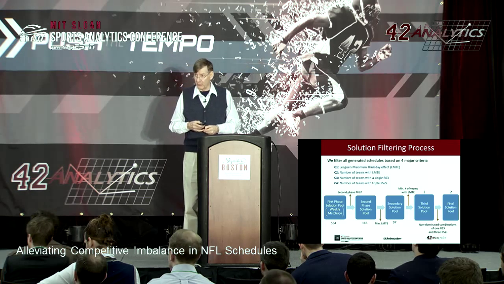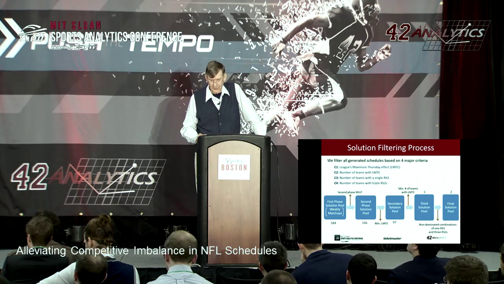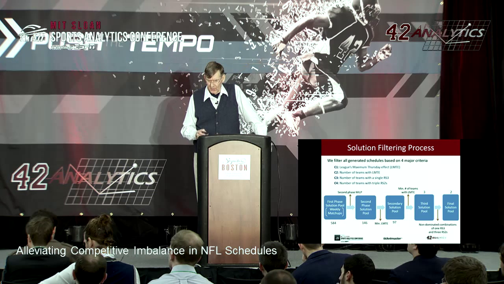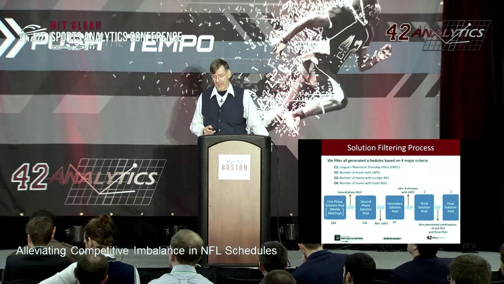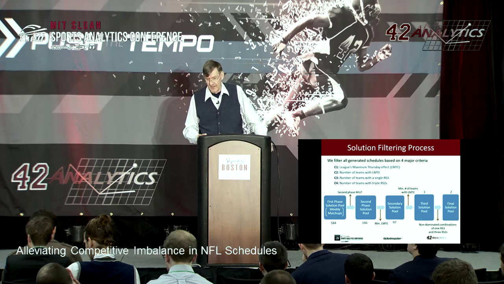We do a filtering process which is flexible. For example, here in 2013, we had 584 schedules in the first phase, in one of our runs. 146 entered this final phase. Those that had the league maximum Thursday effect, usually down to 2 at most for us, gave 97 schedules to look through.